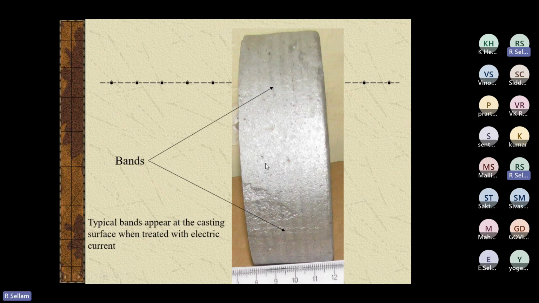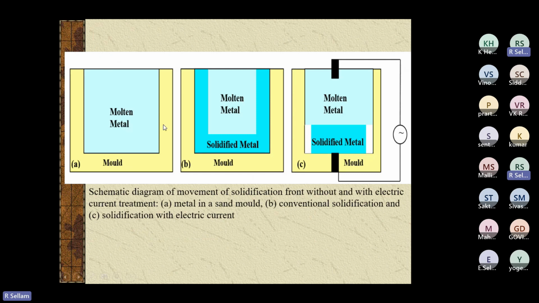There are some bands here. Typical bands appear on the casting surface when treated with electric current. The unique phenomenon I have observed, and which I have tried to establish like this: molten metal, mold, and solidified metal in the normal case, conventional solidification.